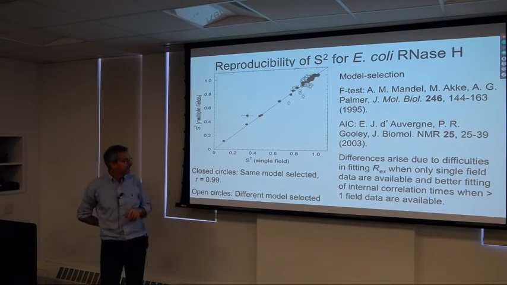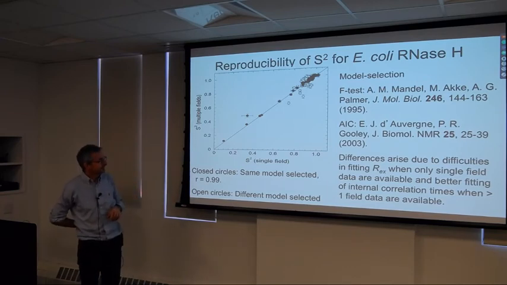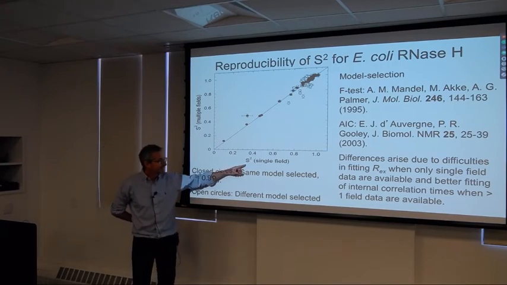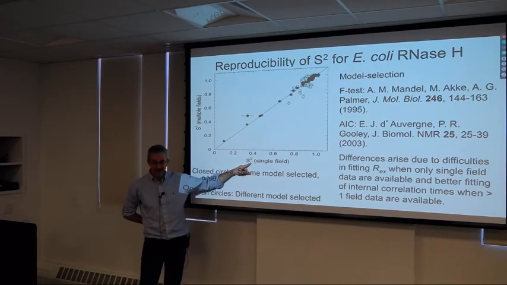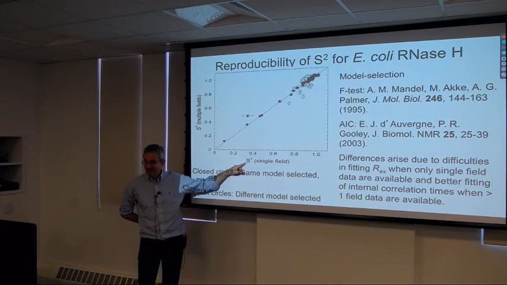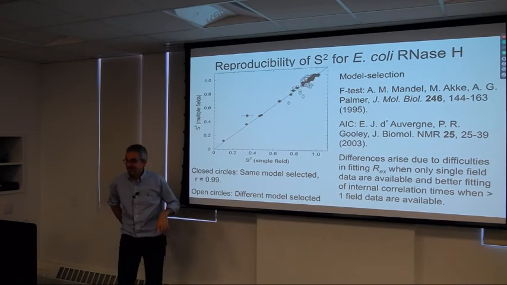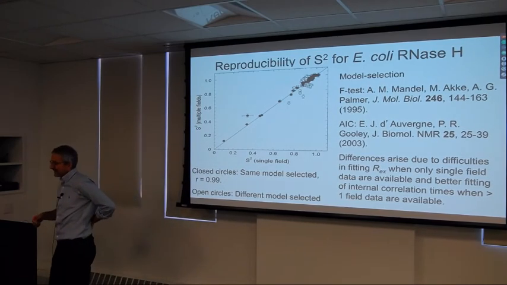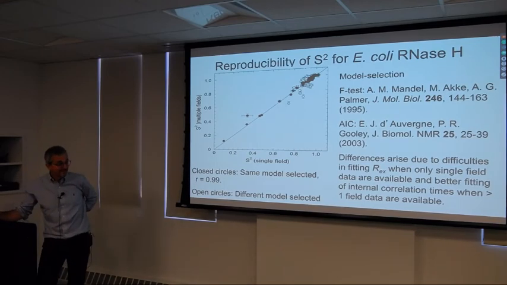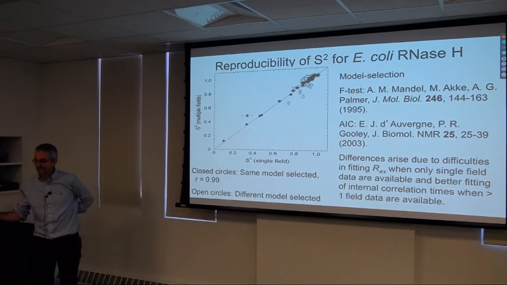So this is comparing data that was collected a long time ago on a single magnet at 500 megahertz, actually by my first graduate student. And then this is the data at 3 fields collected by a graduate student, I think 2 generations later.